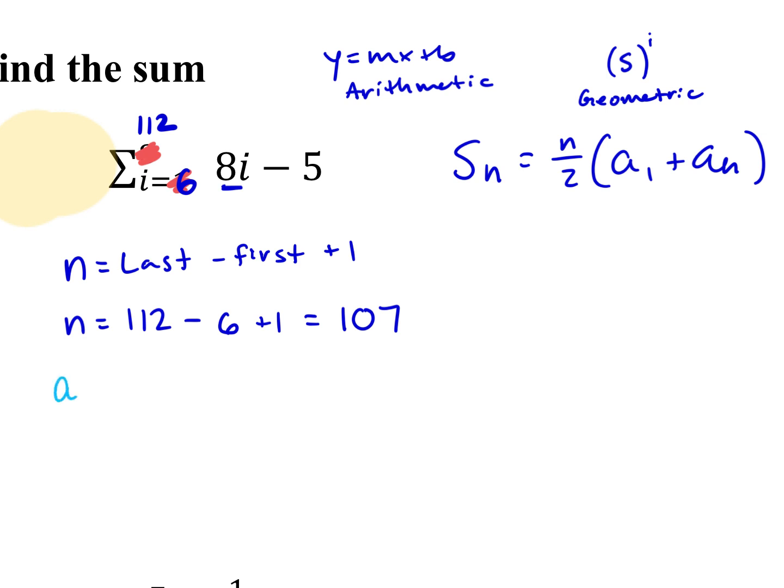Next, let's find a sub 1, which is our first term. What am I plugging in to find the first term? 6, because 6 is the number that I start with. So we're technically just finding a sub 6 here. This would be 8 times 6 minus 5. So 48 minus 5 would be 43.